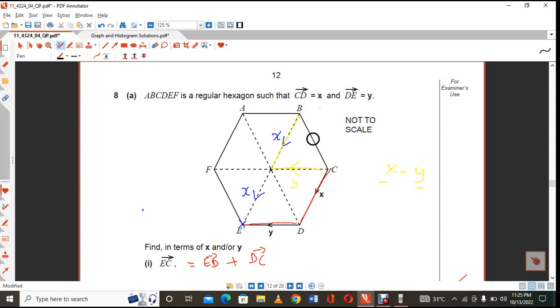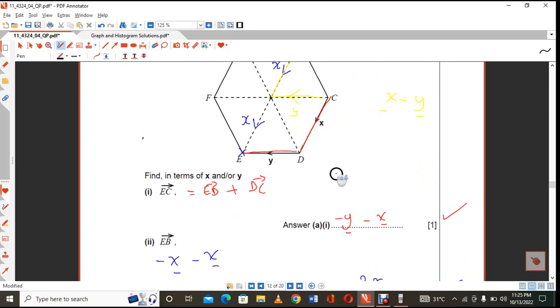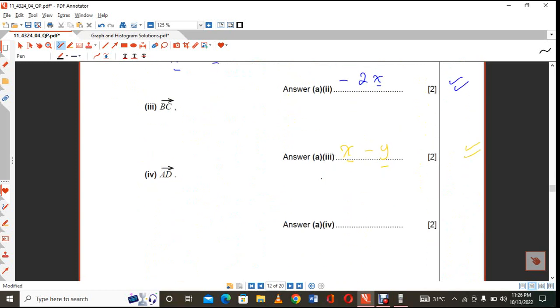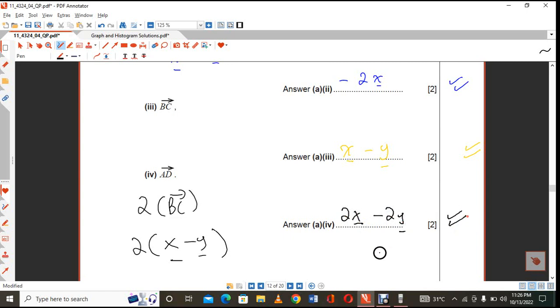So A to D will be twice our BC. Just look at your diagram nicely. A to D is twice BC. In this case, it's twice x minus y, and you can go ahead and multiply out. It's going to be 2x minus 2y. So it's twice BC.